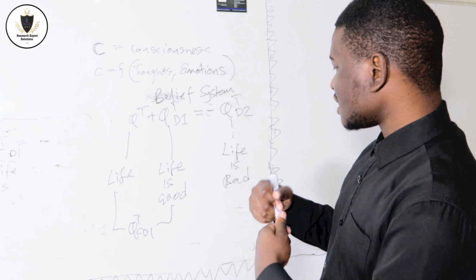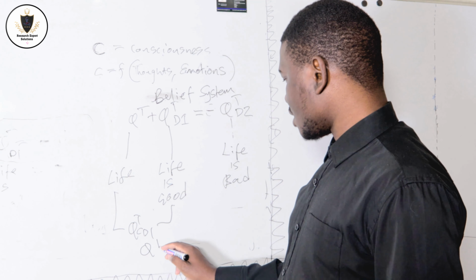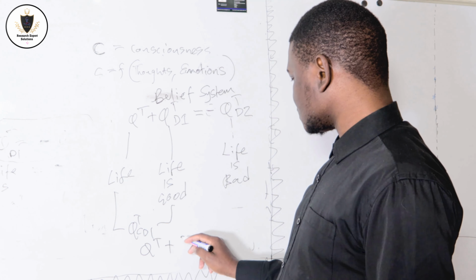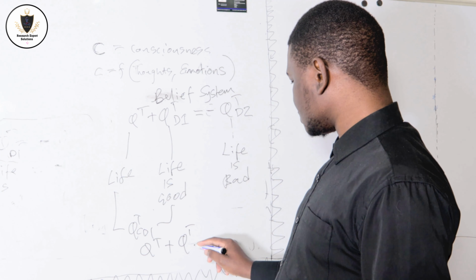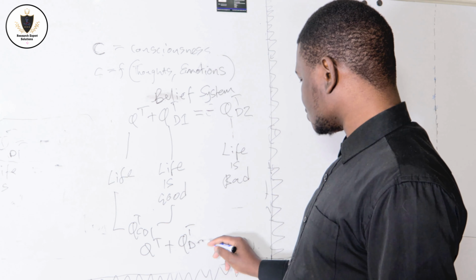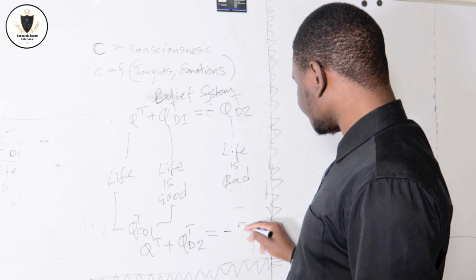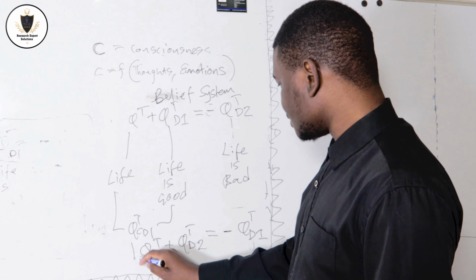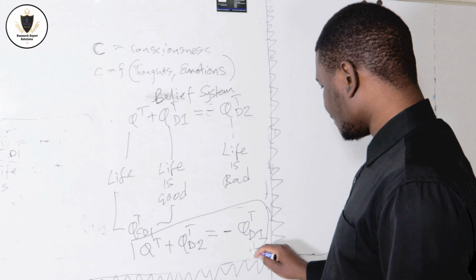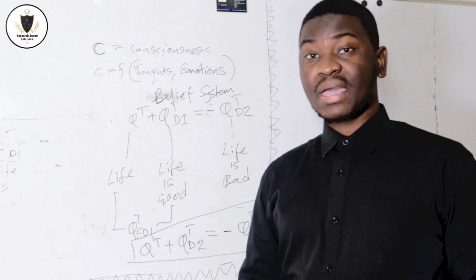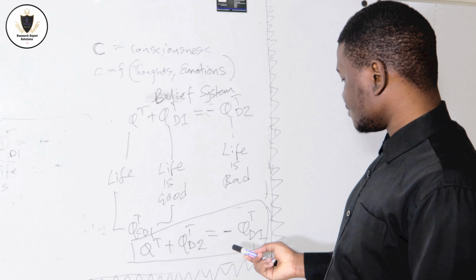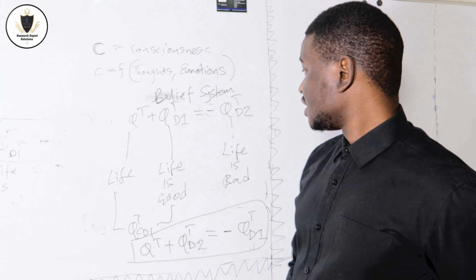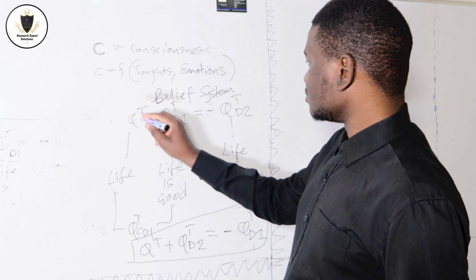And for another individual, it could be the opposite, where we have qt plus qt d2, which is equal to qt d1, where this particular individual believes that life is bad and does not believe in the idea that actually life is good.